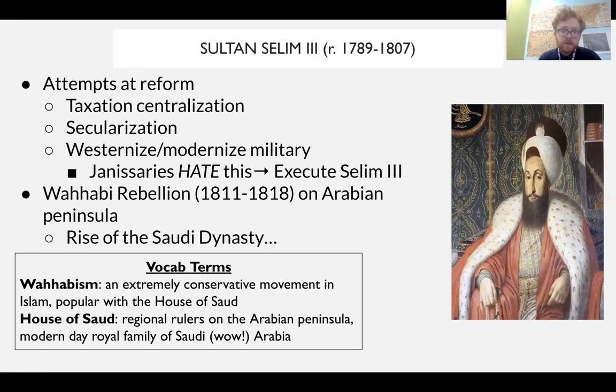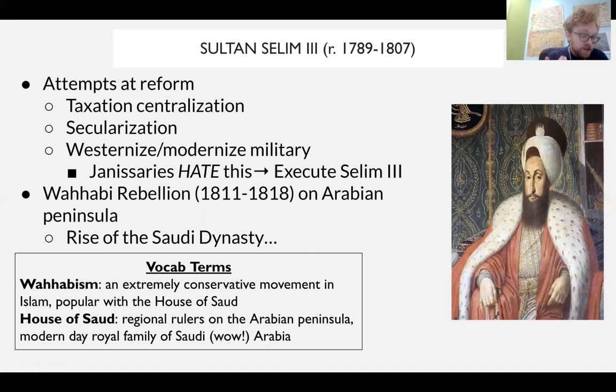But under the influence of a dude by the name of Muhammad ibn Abd al-Wahhab, we are going to see a very conservative movement emerge in the Arabian Peninsula that wants to utilize this traditionalism to resist the Ottomans. And if the Ottomans are secularizing under Selim, this is going to lead to calls for a traditionalist conservative Islamic state. So under the direction of Wahhabism, we are going to see a rebellion against the Ottomans.